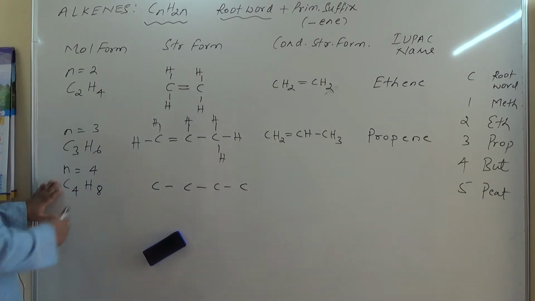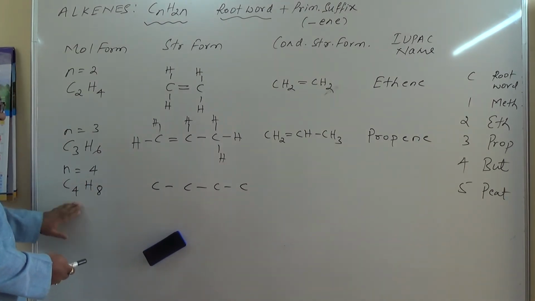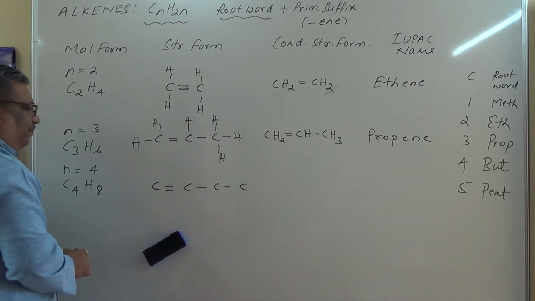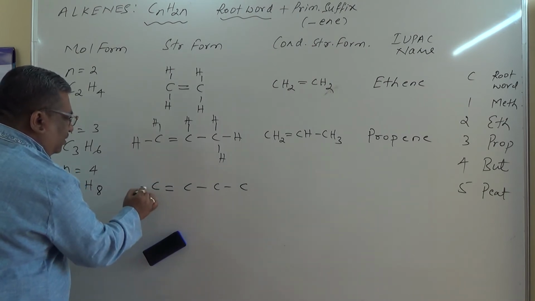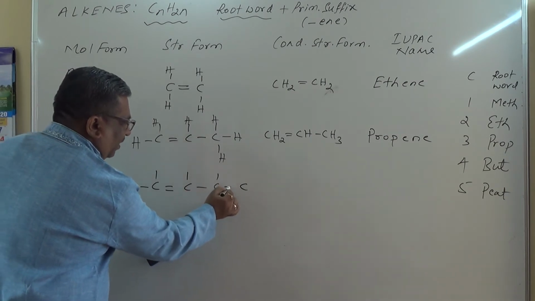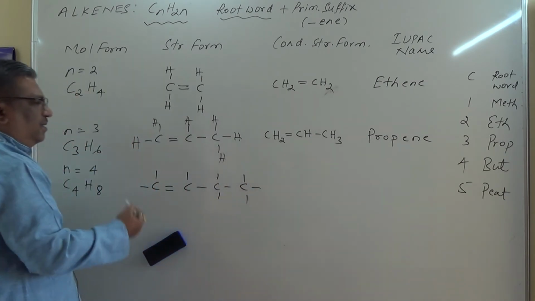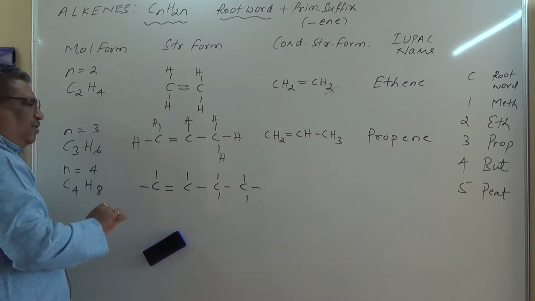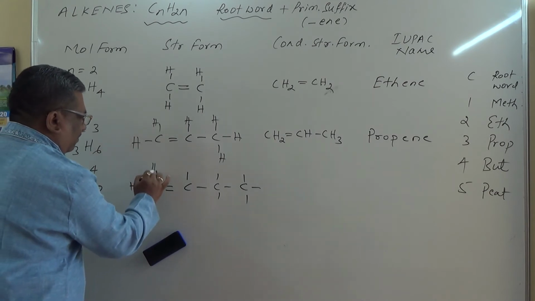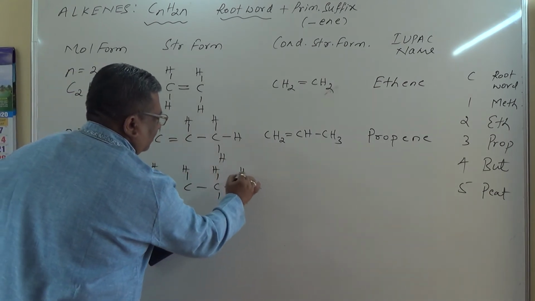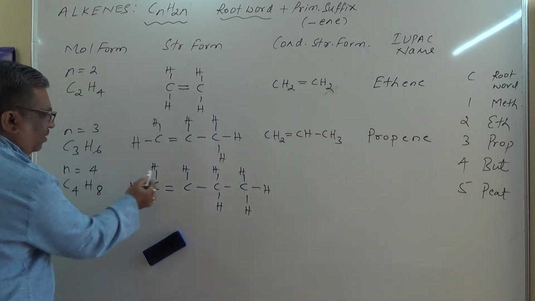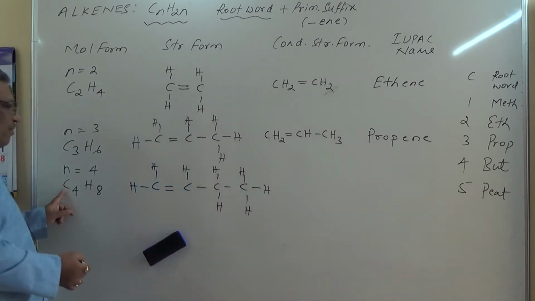Let us concentrate only on the naming now. C4H8, 4 carbon atoms. I need to introduce one double bond. I will introduce it over here. Now 1 2 3 4, 1 2 3 4, 1 2 3 4, 1 2 3 4. This is how the valencies for hydrogen atoms need to be counted and managed. Put hydrogen everywhere now. Check whether the hydrogen atoms are correct: 1 2 3 4 5 6 7 8, C4H8.